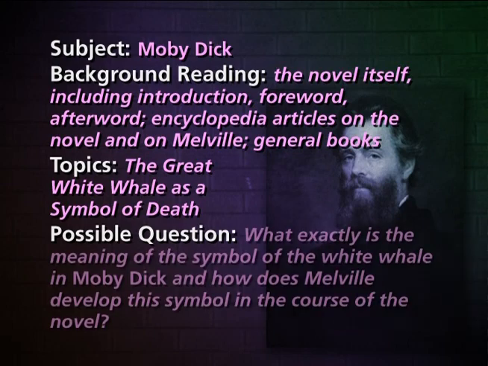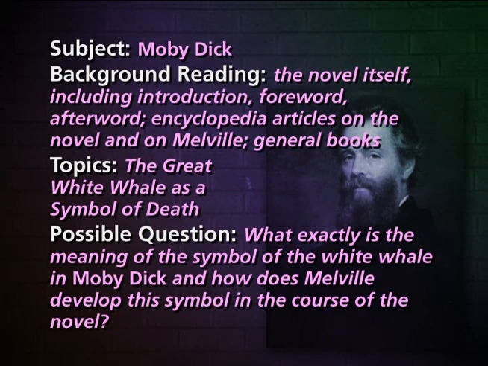And the question I would ask is, what exactly is the meaning of the symbol of the white whale in Moby Dick? And how does Melville develop this symbol in the course of the novel? There would be some good background material that I could read about that from other literary critics, for example. And in my 10 to 15 page paper, I would write my own ideas about how Melville uses this particular symbol.